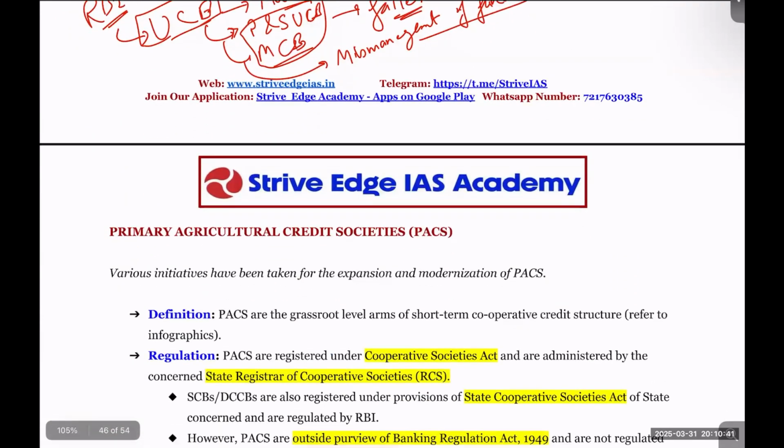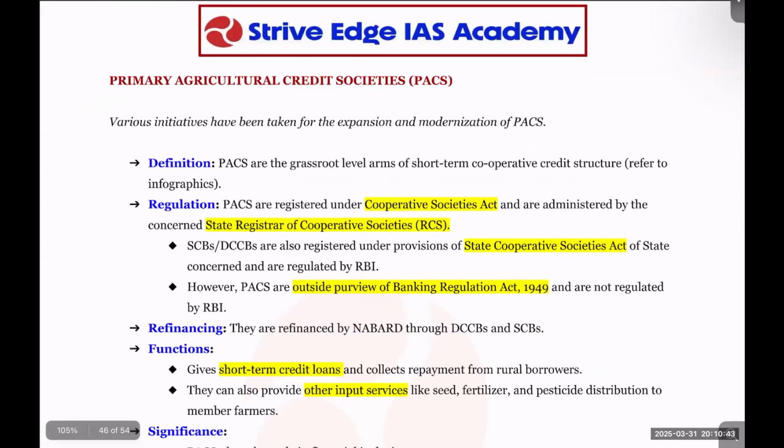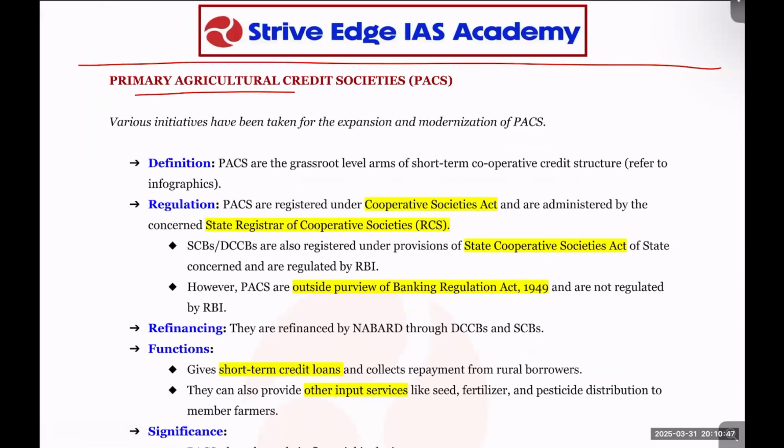Now, the next topic that we are going to discuss is the Primary Agriculture Credit Societies, PACS. Various initiatives have been taken for expansion and modernization of primary agriculture credit societies. And what are these? They are the grassroots level arms of the short-term cooperative society structure.